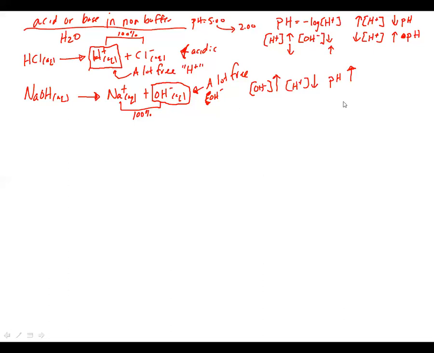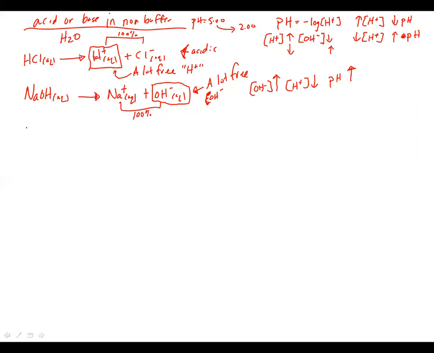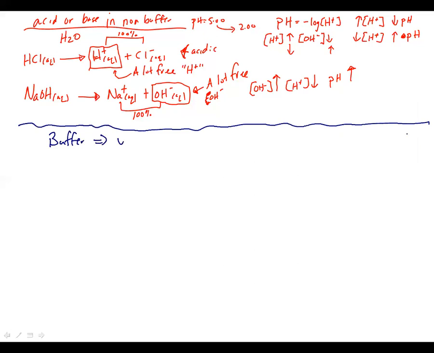Now, let's talk about a buffer and what happens with a buffer. So in a buffer situation, again, we have that combination of a weak acid and the salt of its conjugate base. Or again, we have a weak base and the salt of its conjugate acid.